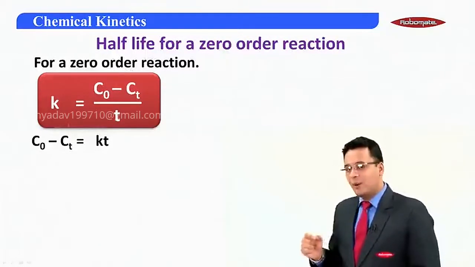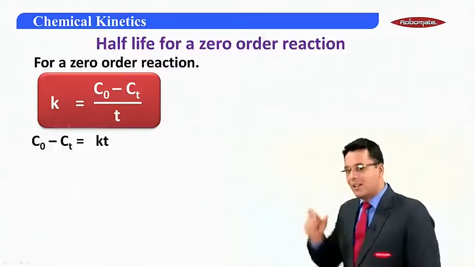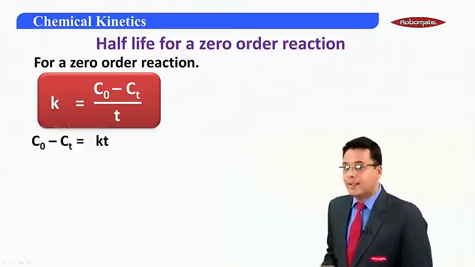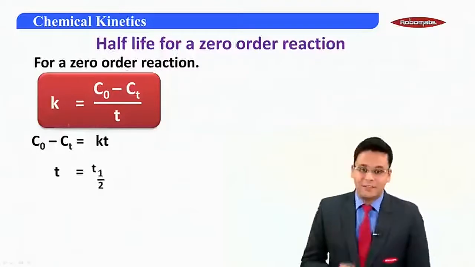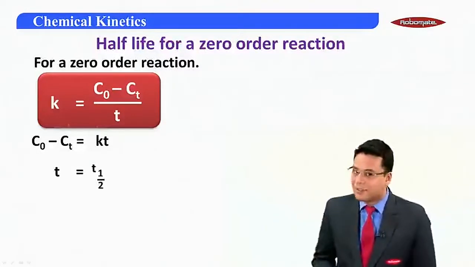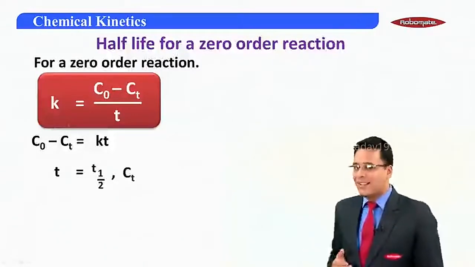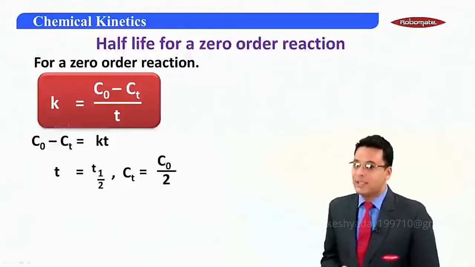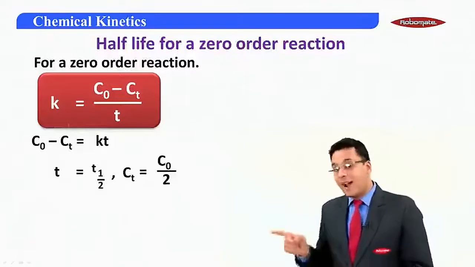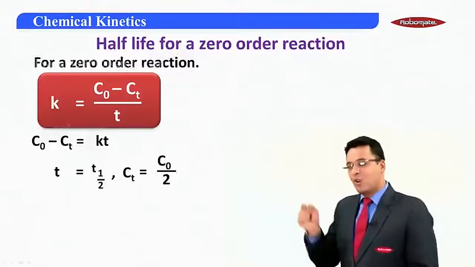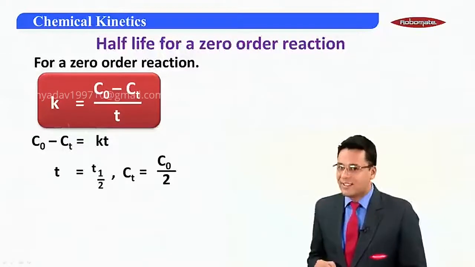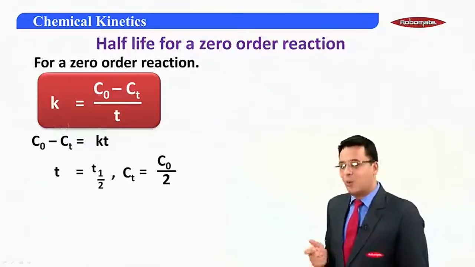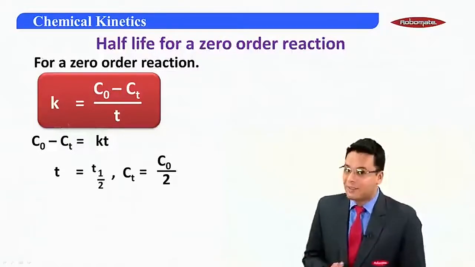Now here, when this reaction reaches its half-life, t will become t half, because that's the half-life. Also, Ct will be C naught upon 2, because at half-life, the concentration of the reactants reduces by half of its initial value, which means half of it is left.